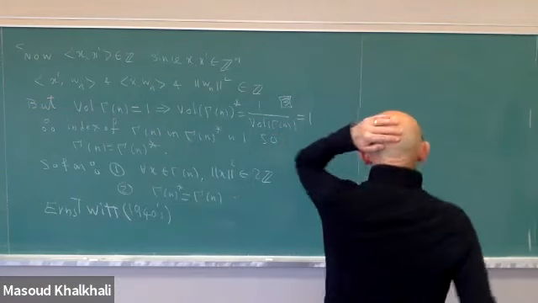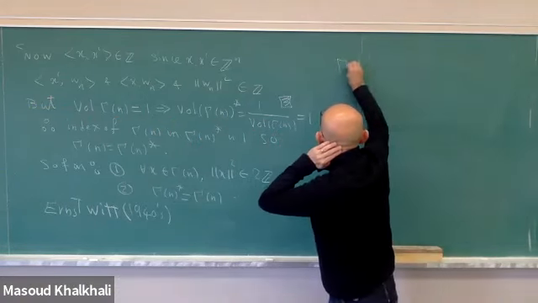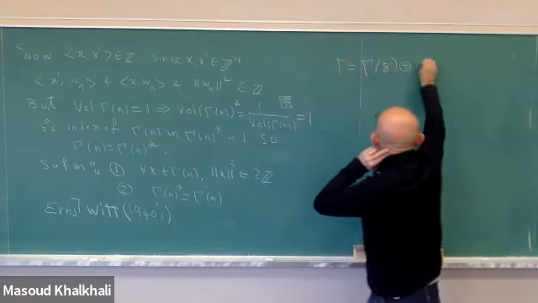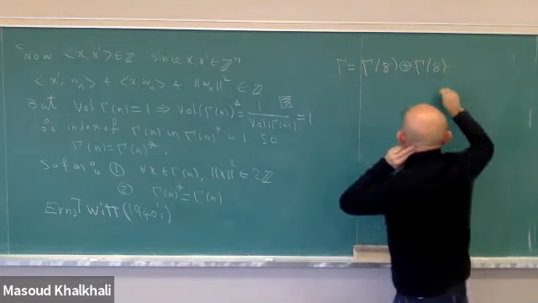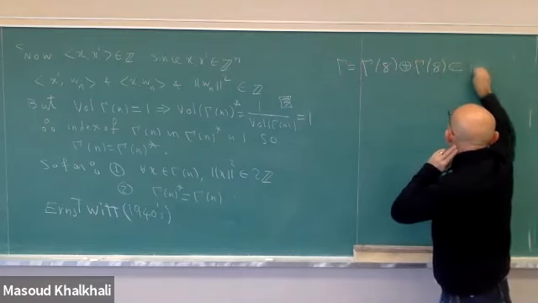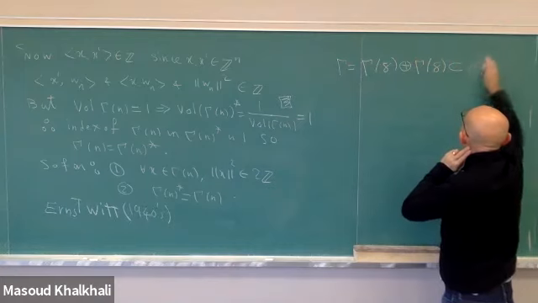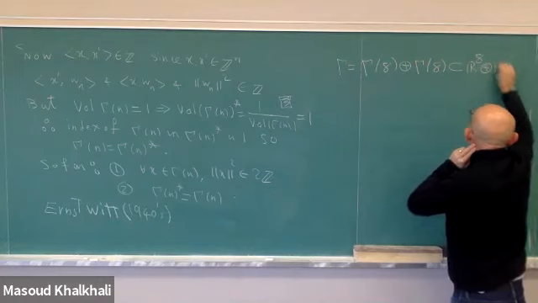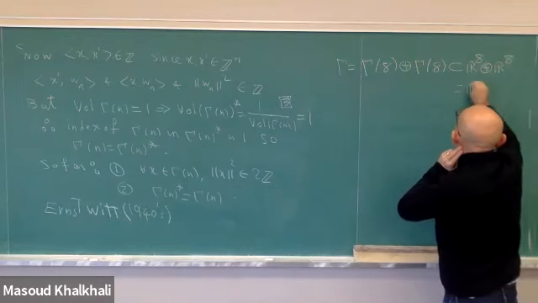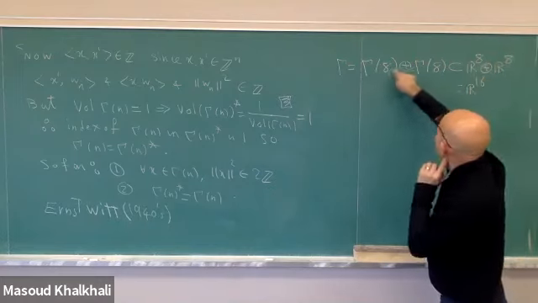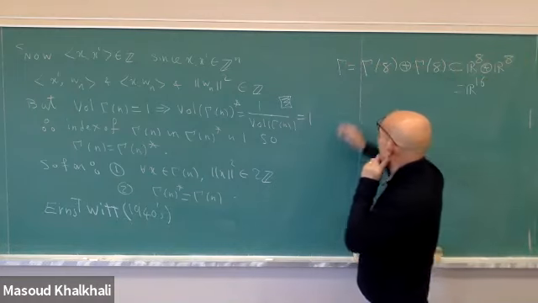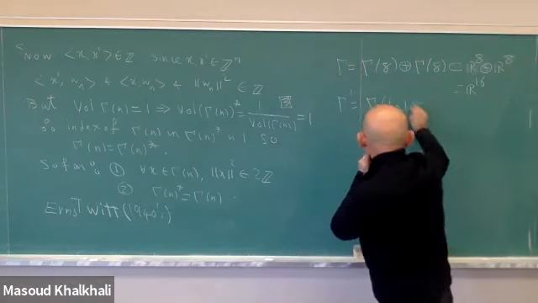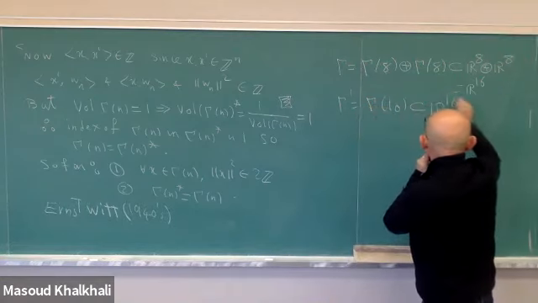So the lattices that he took: one lattice is gamma equal to gamma 8, inside R8, which we see as R16. And then the other lattice, gamma prime, is actually gamma 16, which is, of course, inside R16.